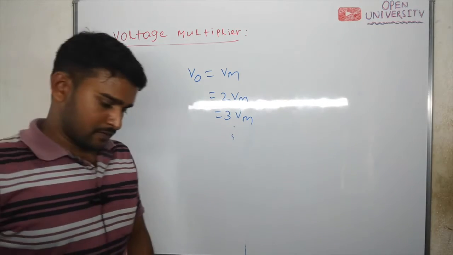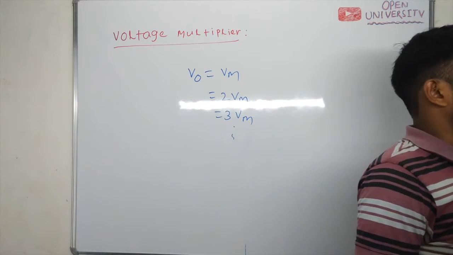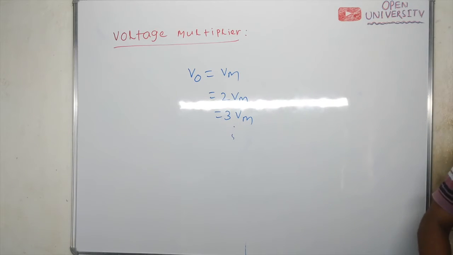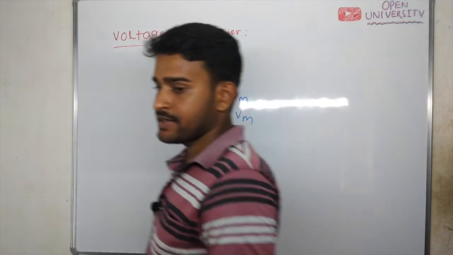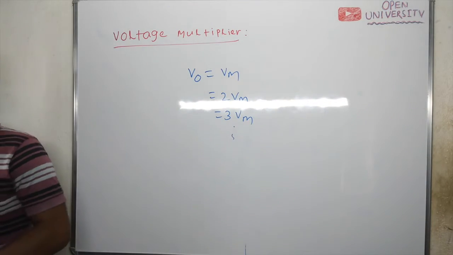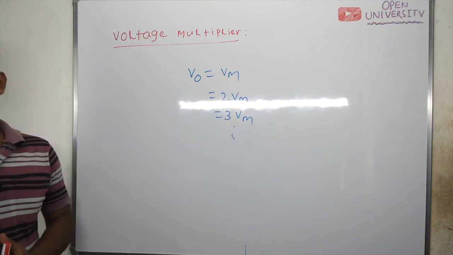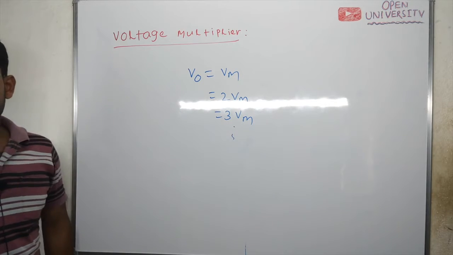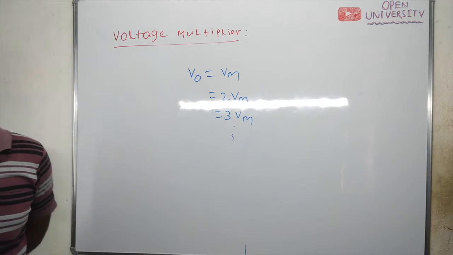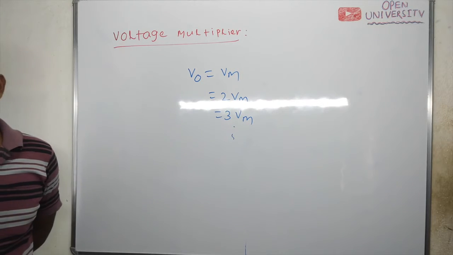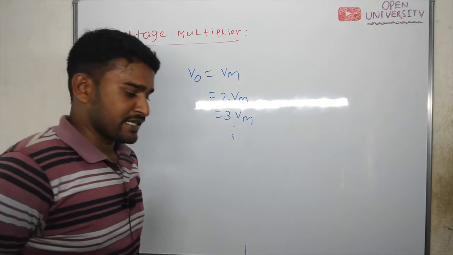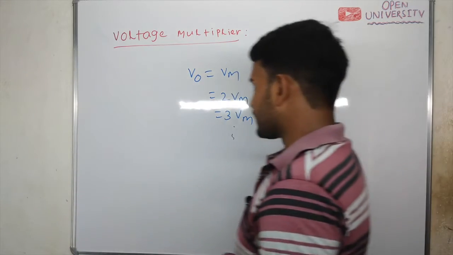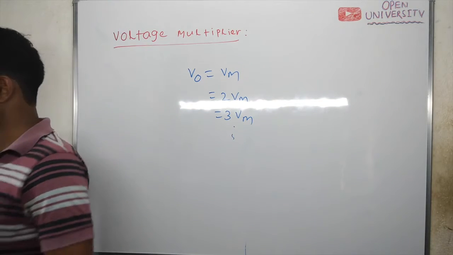A circuit in which input is an AC waveform, and output is a DC voltage, which is an integral multiple of peak input value.